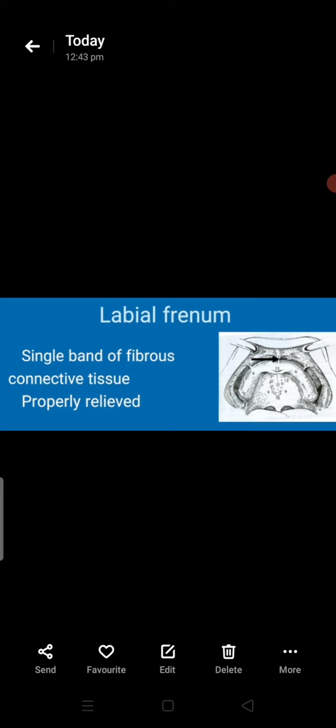Labial frenum is the anterior limiting area, and in complete denture we properly relieve that area. We slightly trim the anterior region of the complete denture to produce space for this labial frenum. So labial frenum is the anterior limiting area.